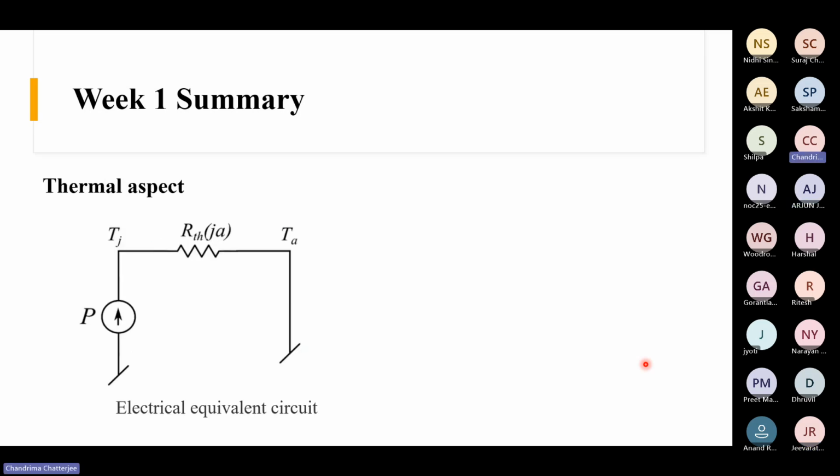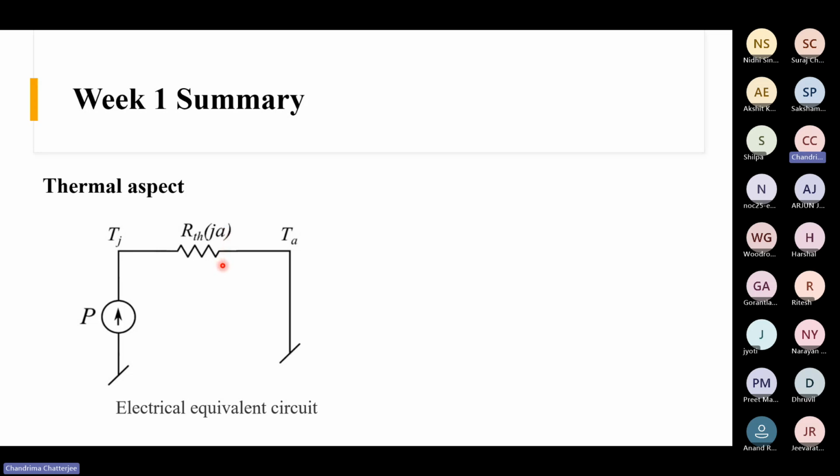So now we will talk about the thermal aspect. As I already mentioned, some power loss occurs in the diode, and this loss comes out as heat, right? As heat is generated due to the power loss, the junction temperature of the diode rises.